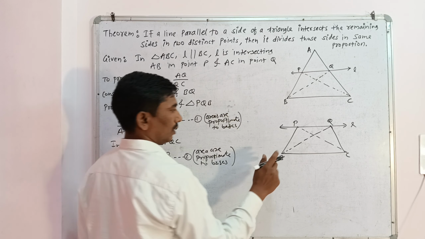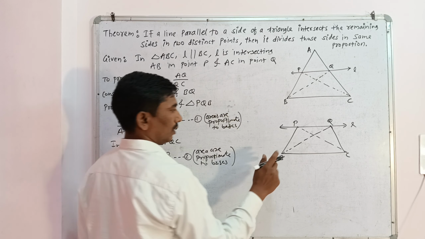So if you just move this side BC to the upper side, the diagram will be like this. If you take B to this side, I will show you that diagram so that it will be easier for you to remember. So this is line L. There is point P and there is point Q. Okay, and this is BC.